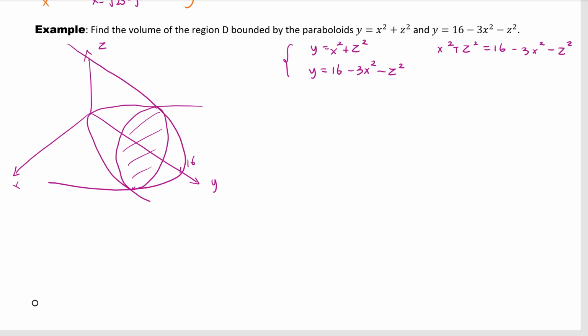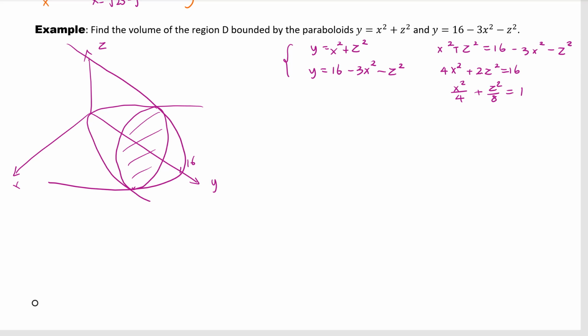Now let's move everything to the left. 4x squared plus 2z squared equals 16. Because the coefficients of x and z are different, we're going to get an ellipse. For the standard form of an ellipse, we make the right-hand side 1. So dividing both sides by 16, we have x squared over 4 plus z squared over 8 equals 1.